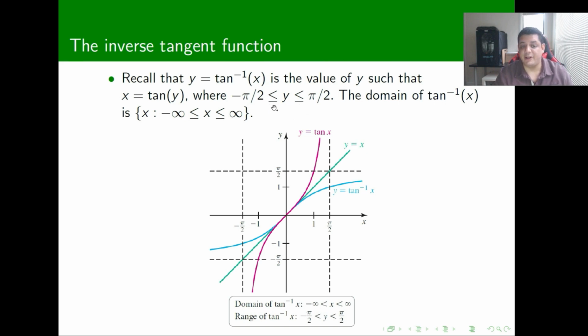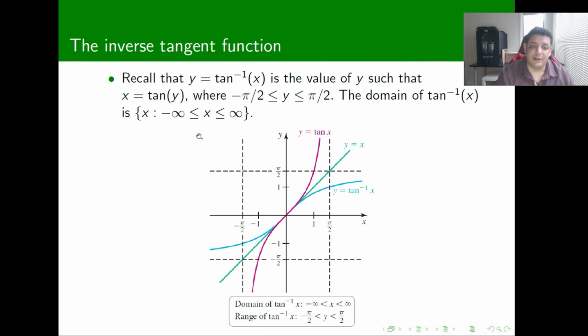First, I've got to know that y needs to be between minus pi half and pi half, which is the interval where we have an inverse. And so the domain of tangent to the minus 1 is actually going to be minus infinity to infinity, as we can see in this way, because tangent always goes in the range from minus infinity to infinity, so the inverse is going to have that as domain.